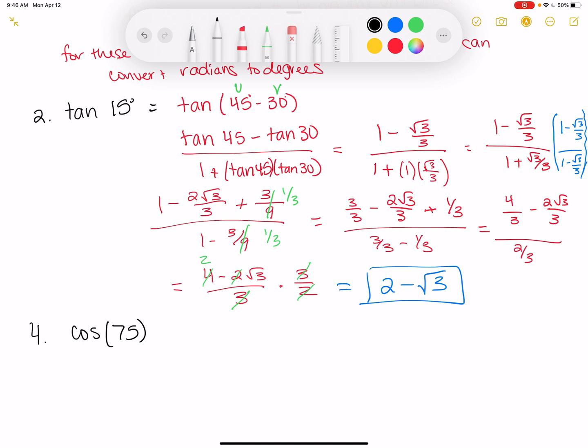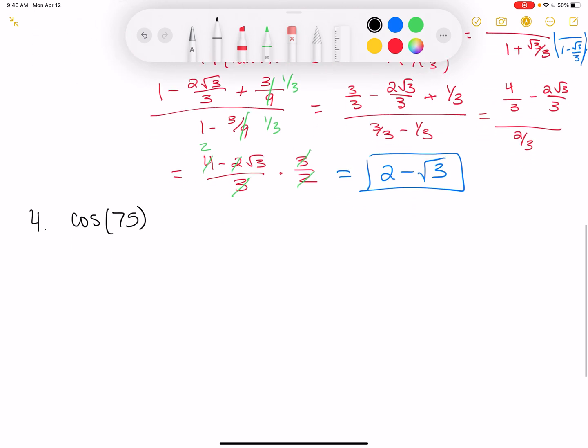As you go into other quadrants, there are going to be some where you have no choice, but you end up with negative signs that you have to keep track of on top of everything else. So, just my recommendation. All right, what do we think could be used here for the cosine of 75?